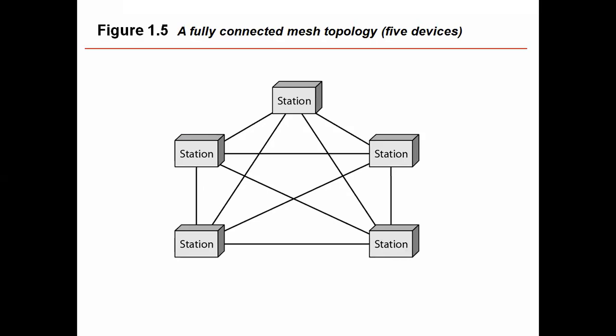Here we have the mesh topology, in which all 5 systems are connected to each and every system. It's a fully connected mesh topology. Assume we have station 1, station 2, station 3, station 4, and station 5.